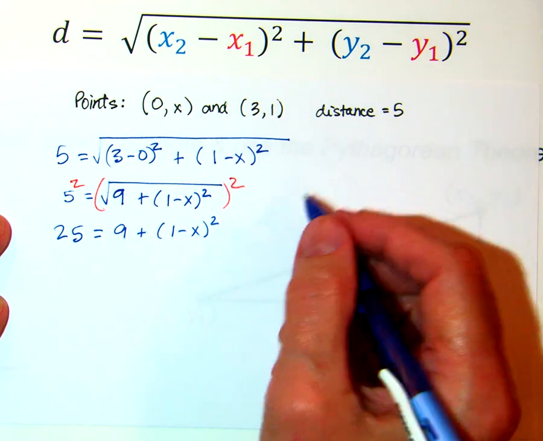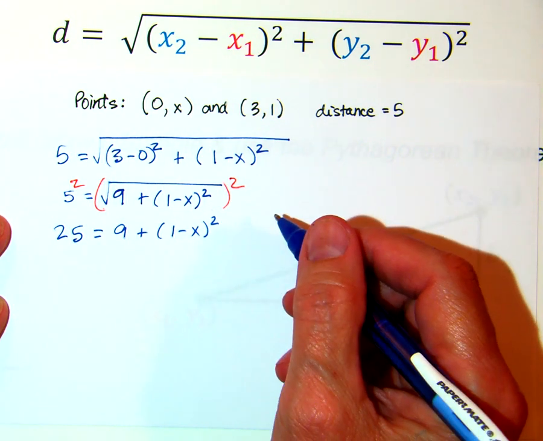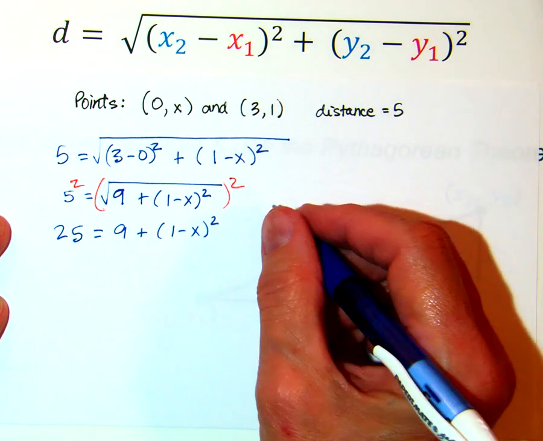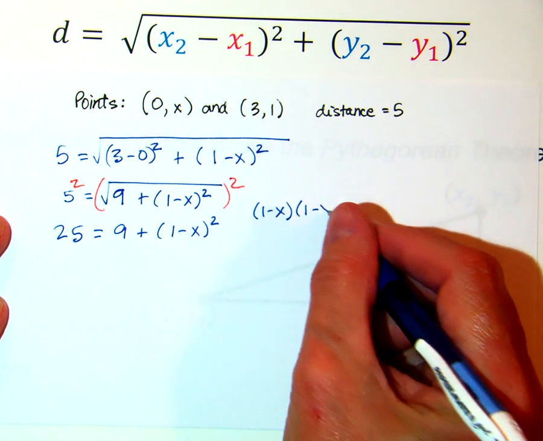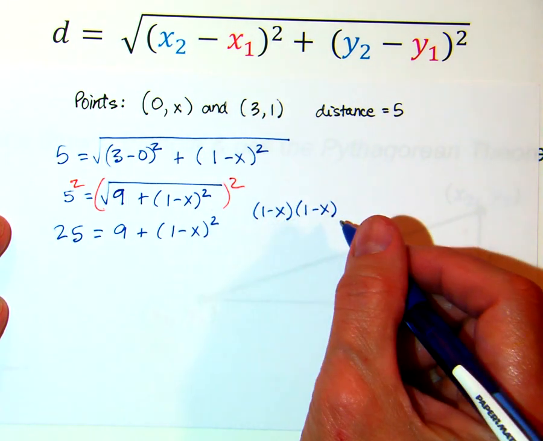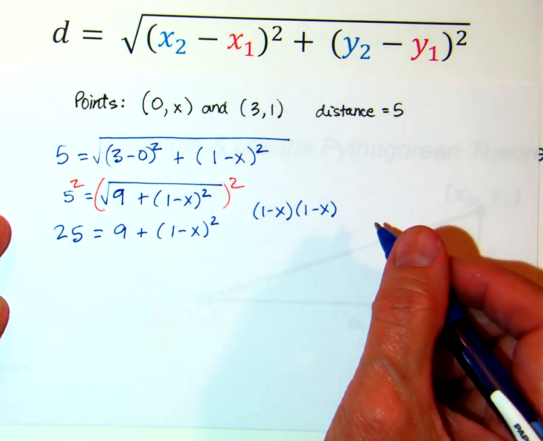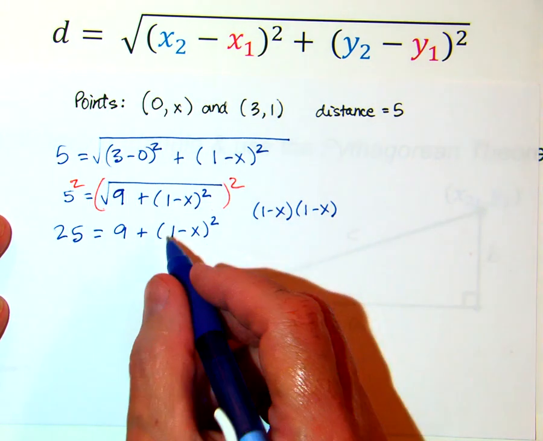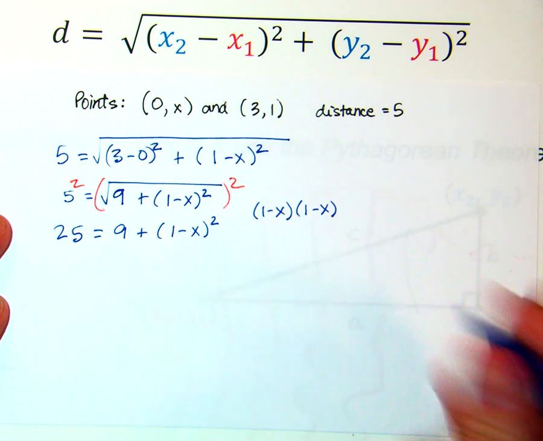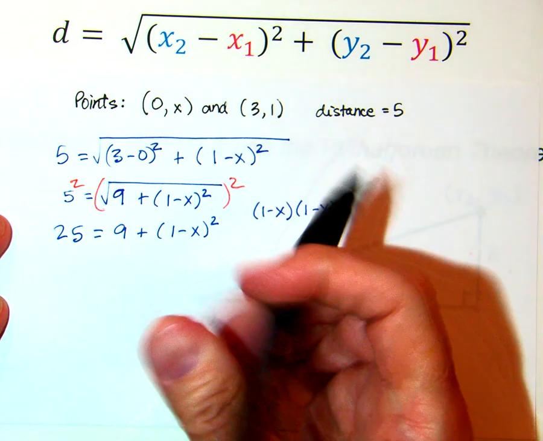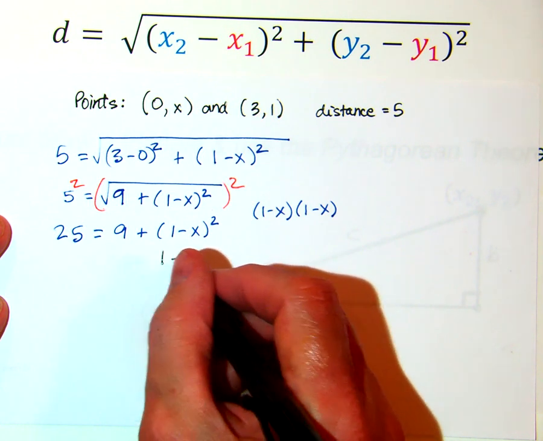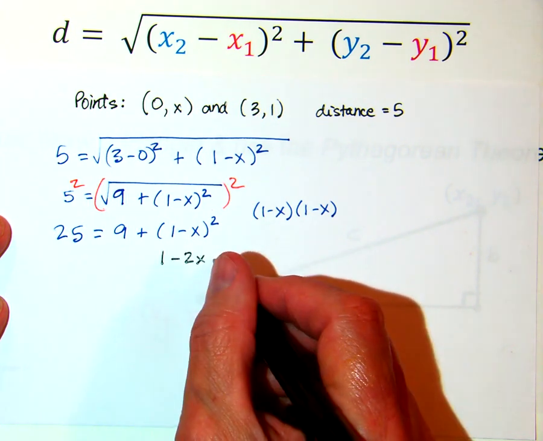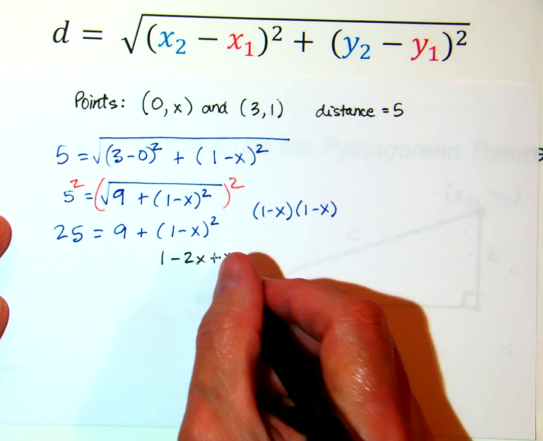And then this 1 minus x squared, we've got to expand that out because, remember, it is 1 minus x times 1 minus x. I have to multiply it out, and FOIL or just multiply it, whichever way you're going to do it. So this will then be 1 minus 2x plus x squared.